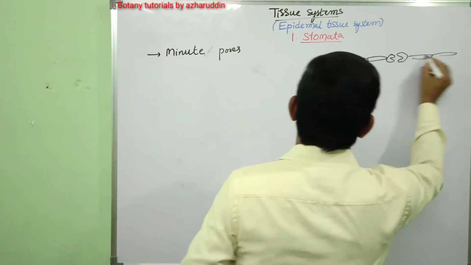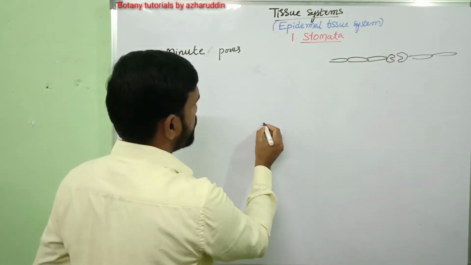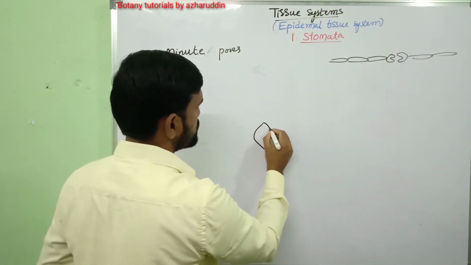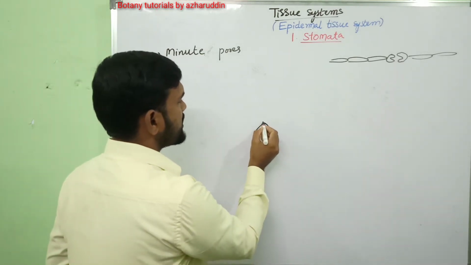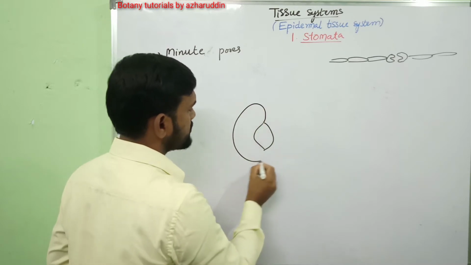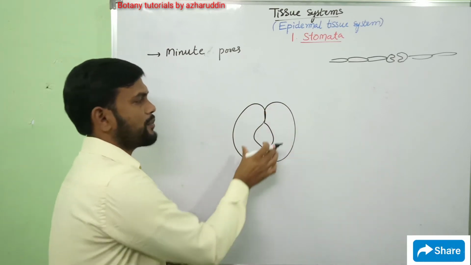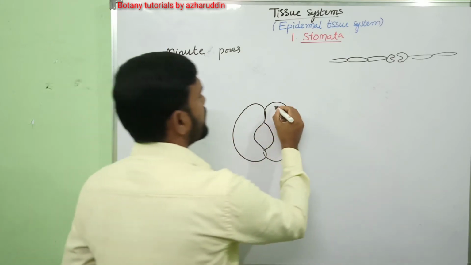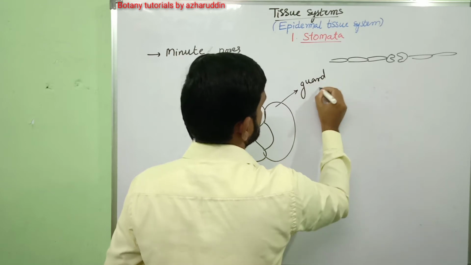Those pores are called stomata. Each stomata has a pore. This is the stomatal pore. This pore is covered with specialized epidermal cells. These specialized epidermal cells are called guard cells.